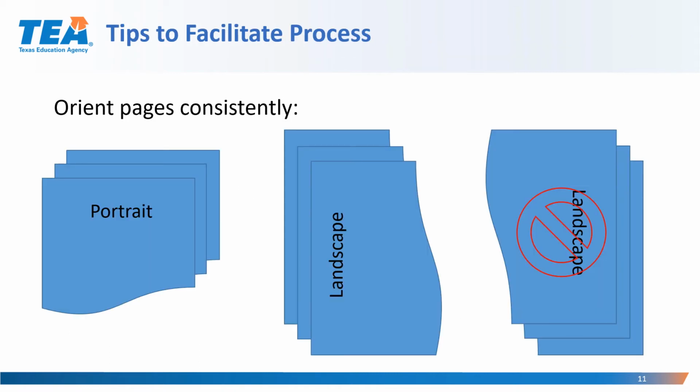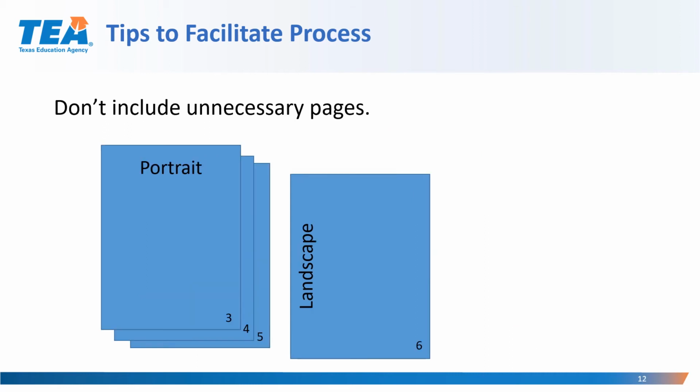To facilitate the review process, when compiling and assembling your documentation, please orient pages consistently, either in portrait or in landscape, or a combination of both ways. Please do not include unnecessary pages.